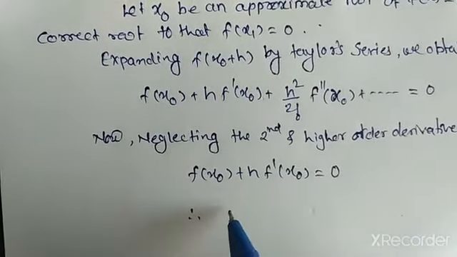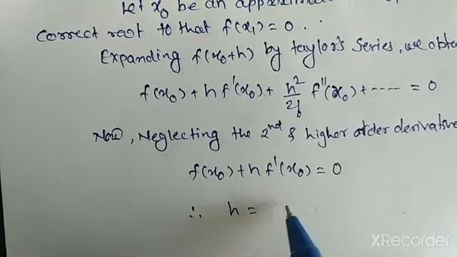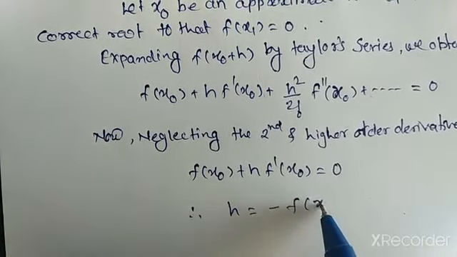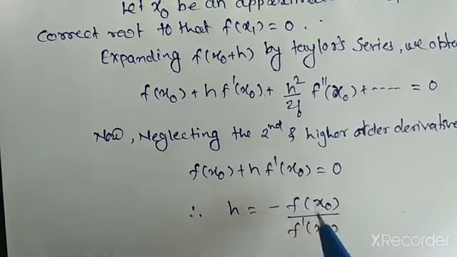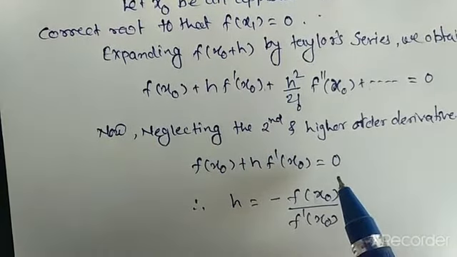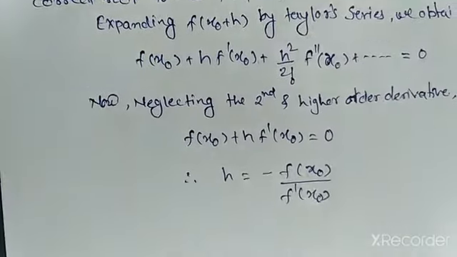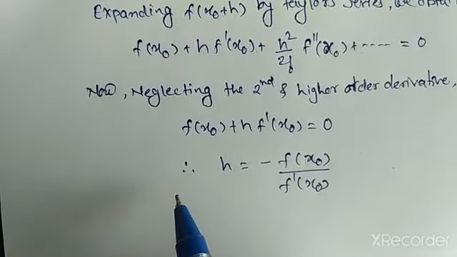Therefore the value of h, when we shift toward the right, is minus f of x naught divided by f dash of x naught, which gives h is equal to minus f of x naught upon f dash x naught.